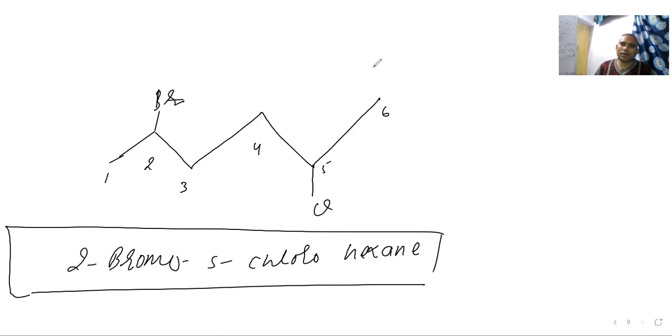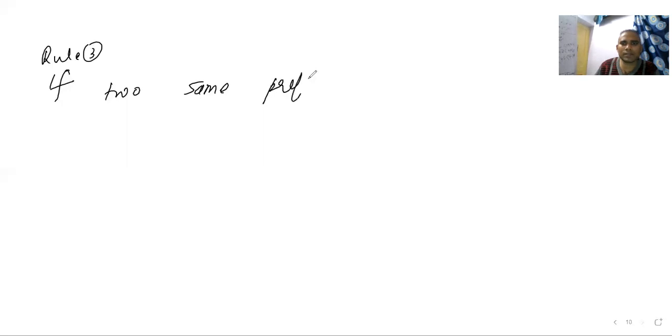Okay. Can I erase this one? Yes, sir. They are saying rule number 3 or 4: if the same prefix comes 2 times, what can we do?